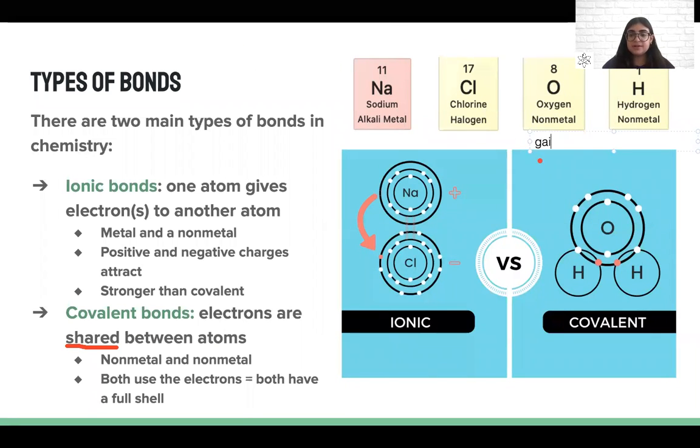So oxygen wants to gain 2 electrons, and hydrogen wants to gain 1 electron each. But since there's 2 hydrogen atoms, I'm going to put a times 2 there. Again, each hydrogen wants to gain 1, but since there's 2 of them, hydrogen in total needs to gain a total of 2 electrons.